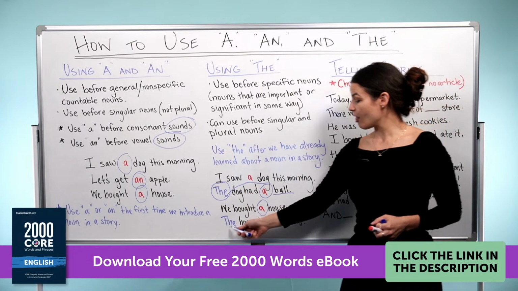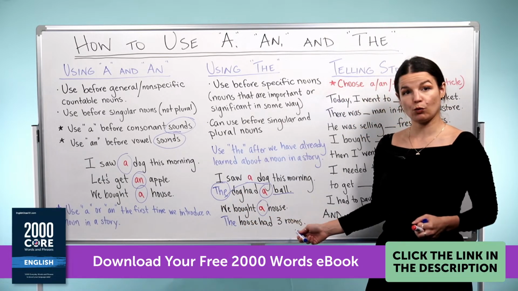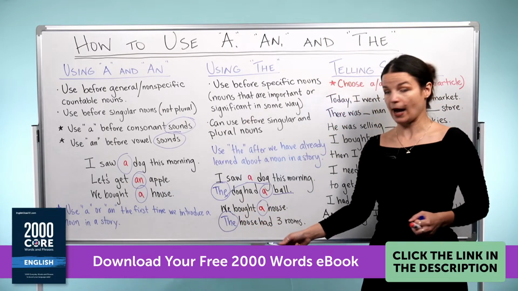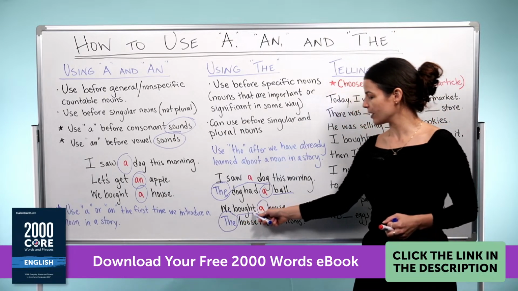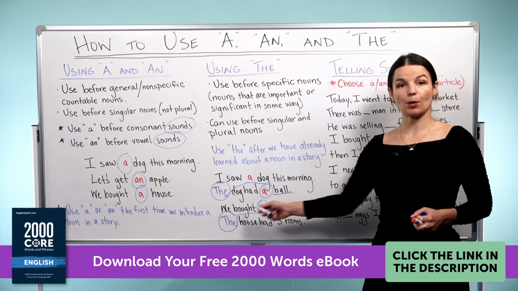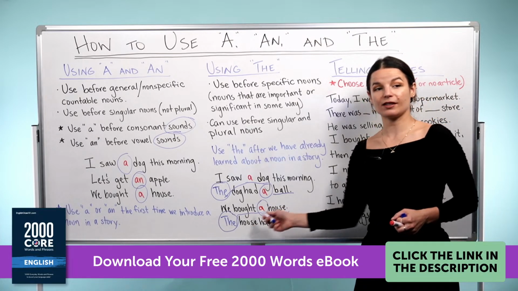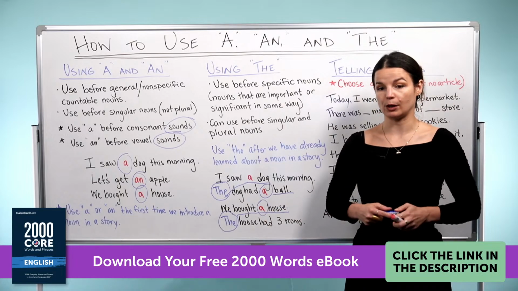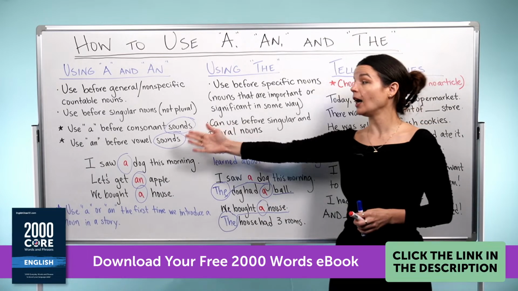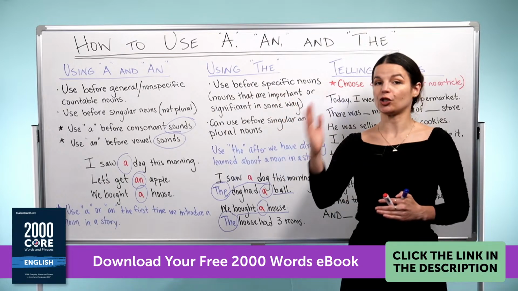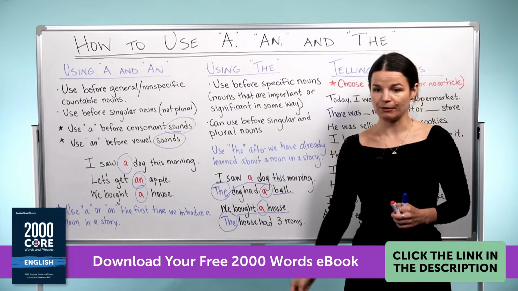Then, the house had 3 rooms. Again, the. Why? Because we are talking about the same house from the previous sentence. We bought a house. That same house from the previous sentence had 3 rooms. Okay? So, a and an to introduce, the to follow up to talk about the same noun again.